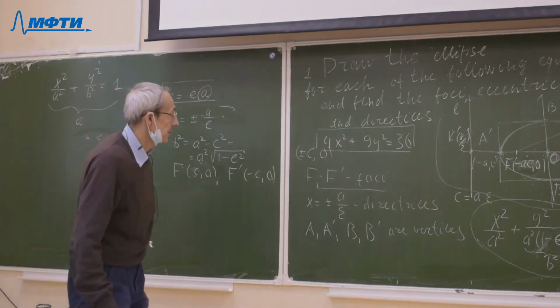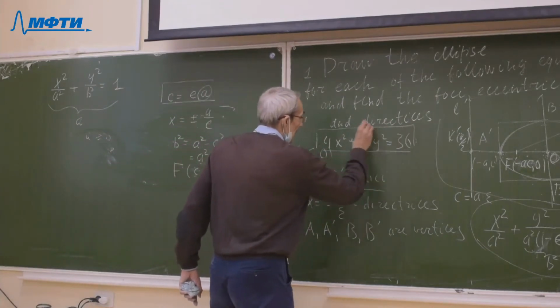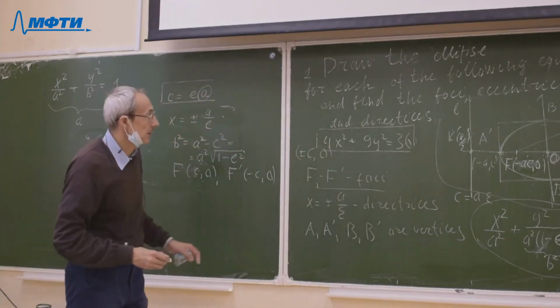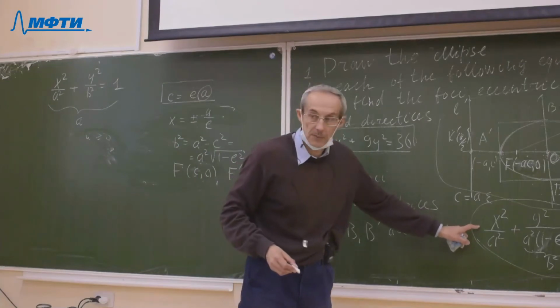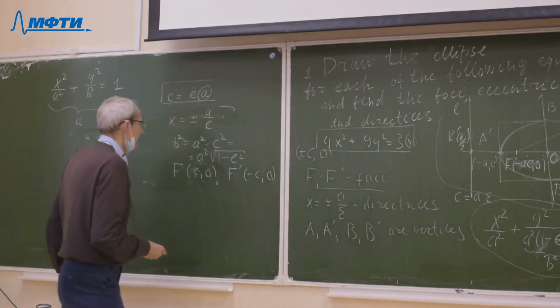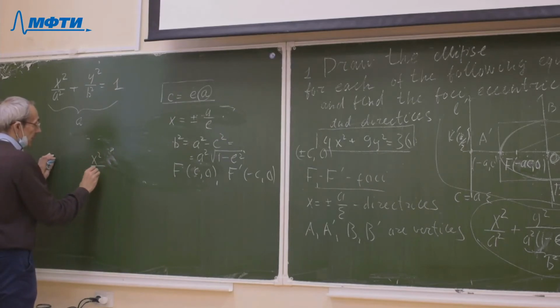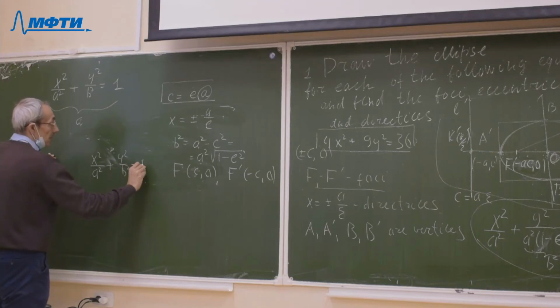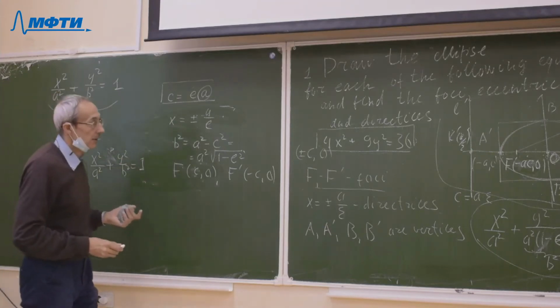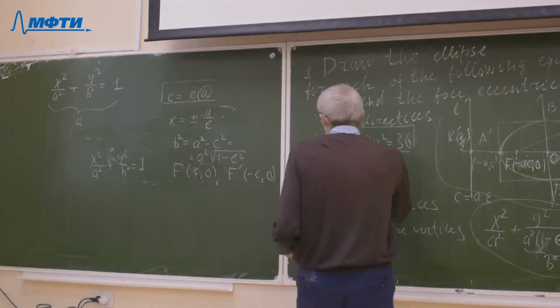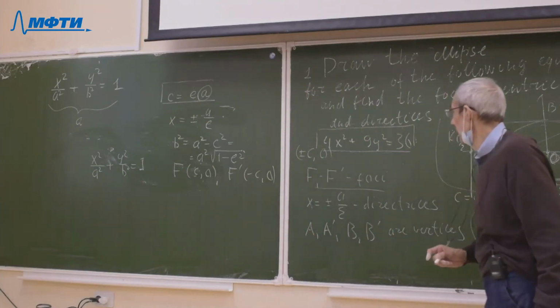And we have the following equation. As the first step, we can write this equation in the form x squared over a squared plus y squared over b squared is equal to 1. How to rewrite this equation in this form?